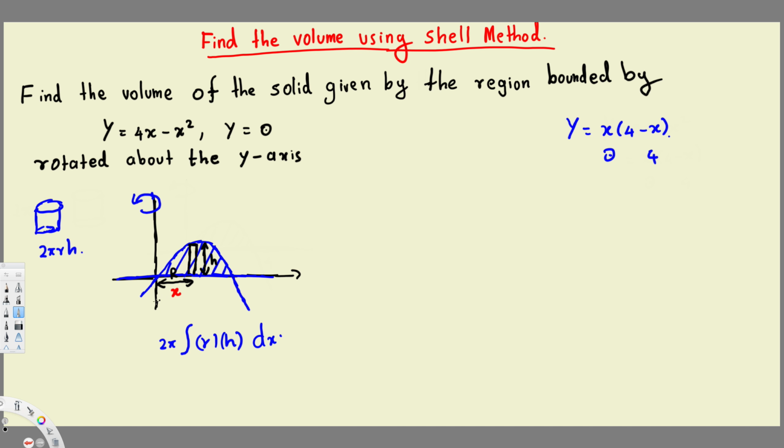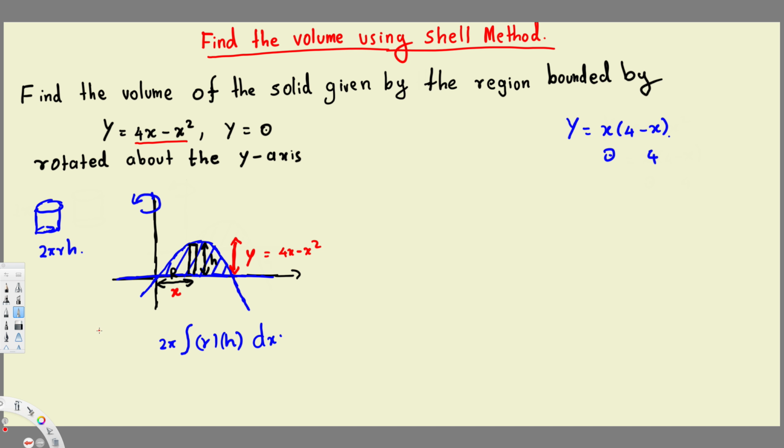Also we can say this distance is equal to y, and we have the function for y, that is 4x minus x square. So we can replace the r and the height in terms of x. Let's write everything in terms of x.